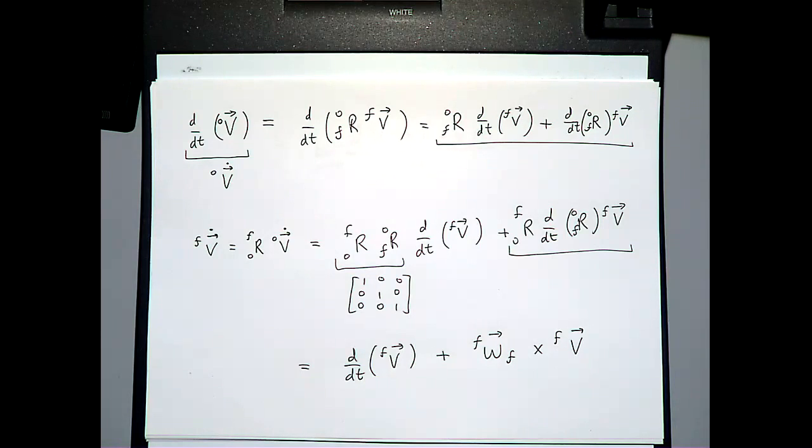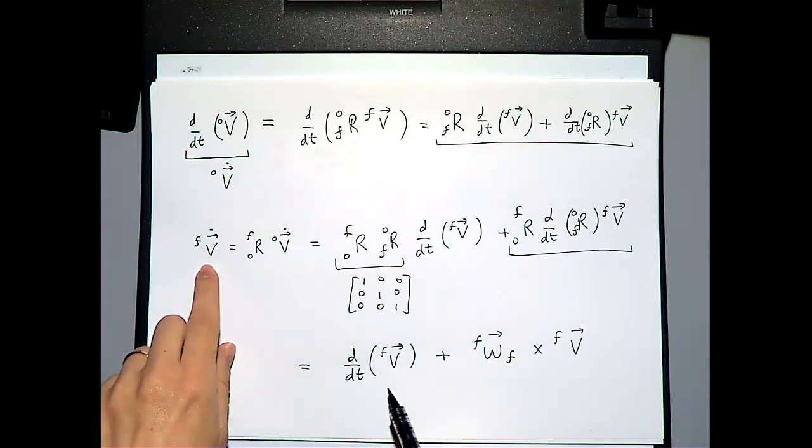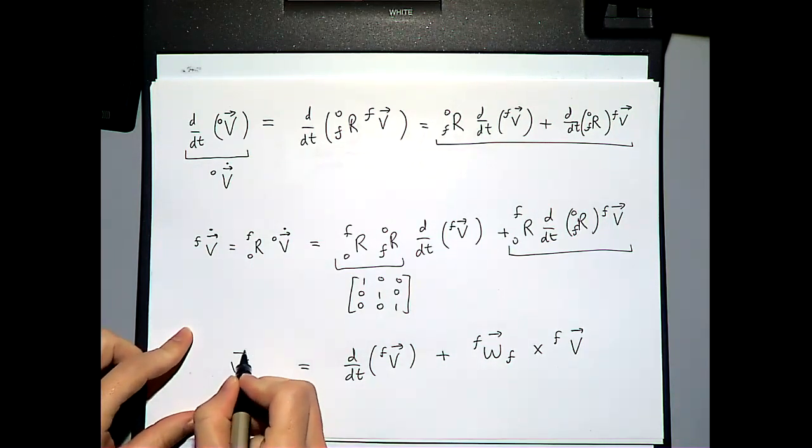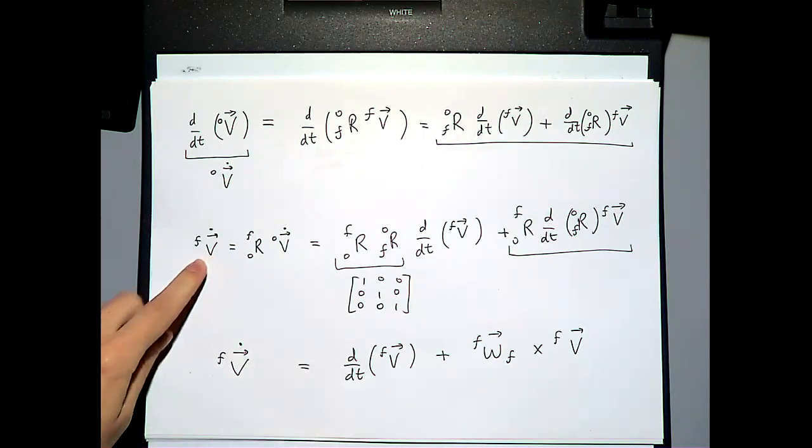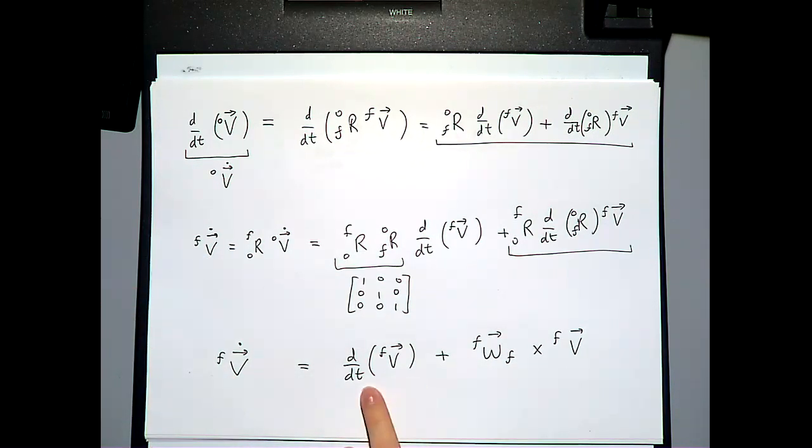Now, you have a confusion that repeats every time. Let me copy the starting point here, v dot in f. What is the difference between this term by term, or component by component, derivative of the vector v in f and the dot of the vector v?